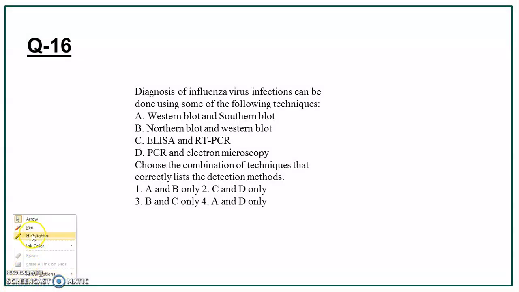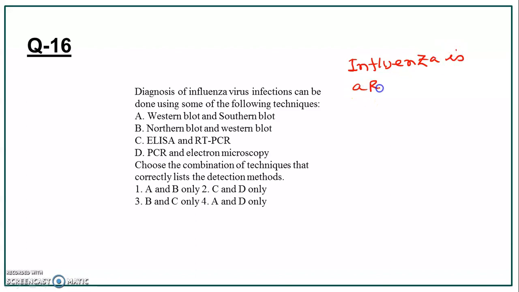Diagnosis of influenza virus infection can be done using which of the following techniques? Now we know that influenza is an RNA virus. We use Southern blotting for DNA analysis and Western blotting for protein.